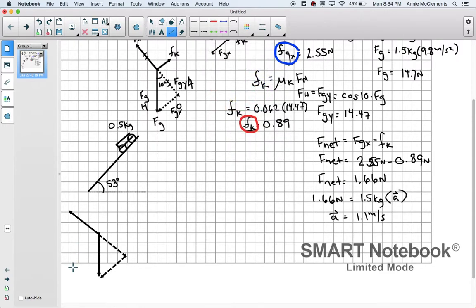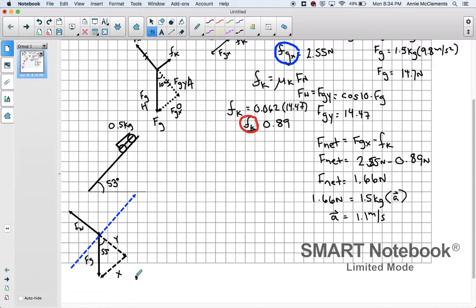So this is our ramp here, in the blue. If this is the way that we draw it, we will have our 53-degree angle up here. This is Fg. Here's Fn. And this is the Y component of Fg, and here's the X component.